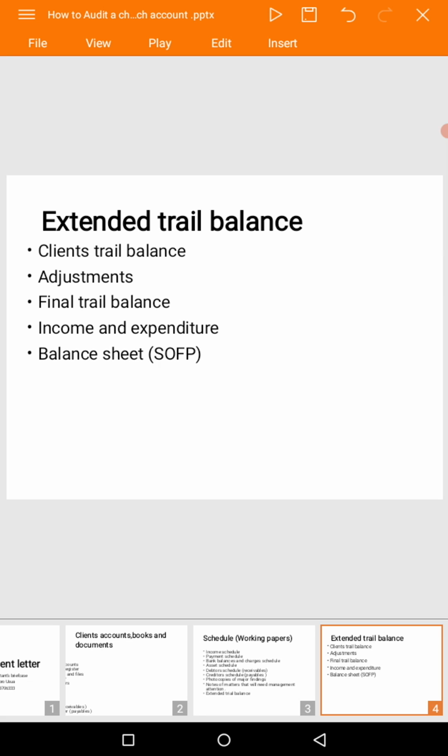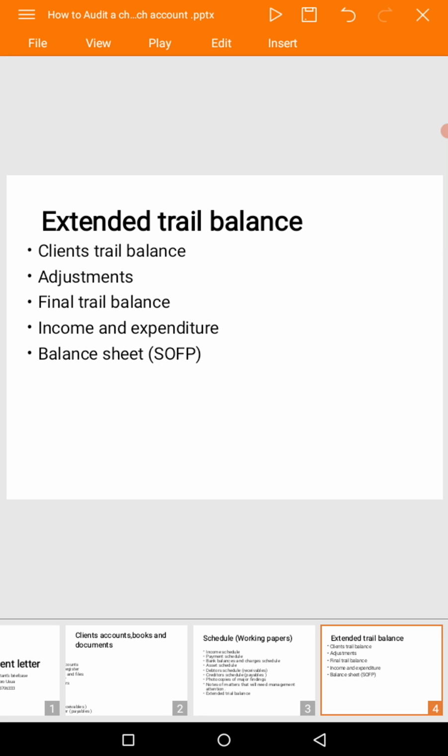So once again, extended trial balance will have a client trial balance. The client trial balance is trial balance from my client, where the adjustment column is if I want to make adjustments, if I want to do a correction, if I want to repost, if I want to transfer, I use an adjustment column, debit and credit. Then that will give me the final trial balance.